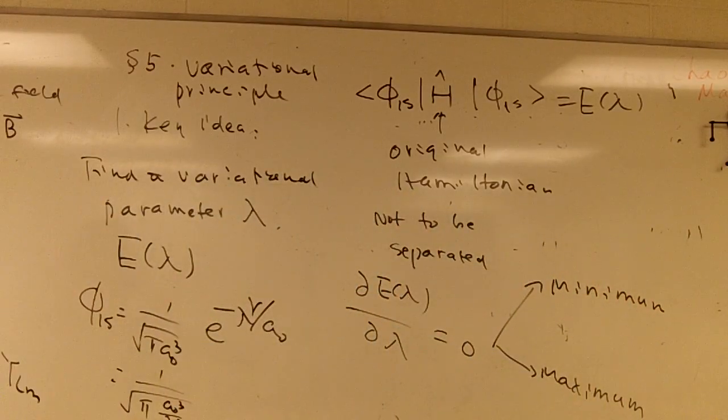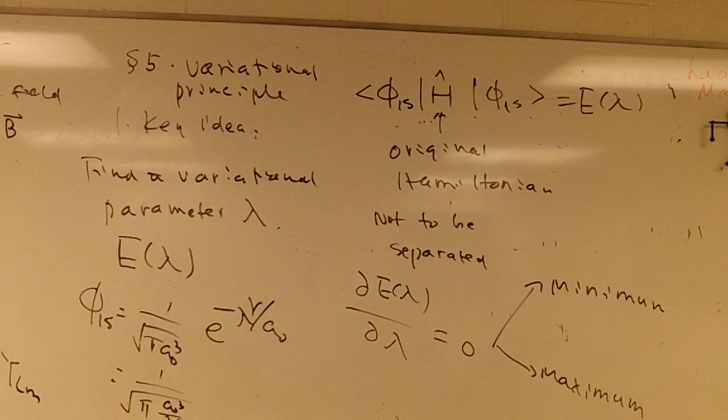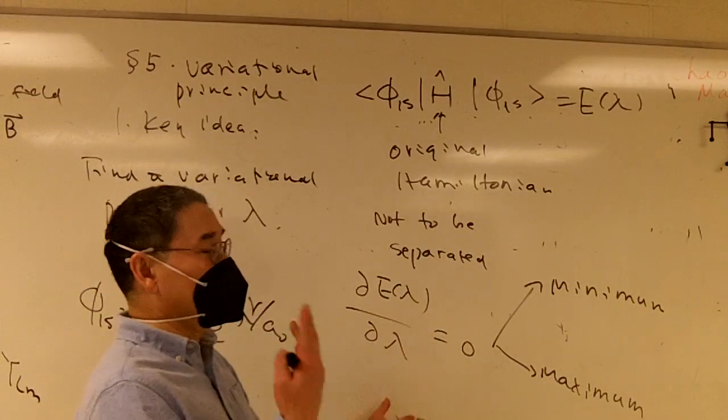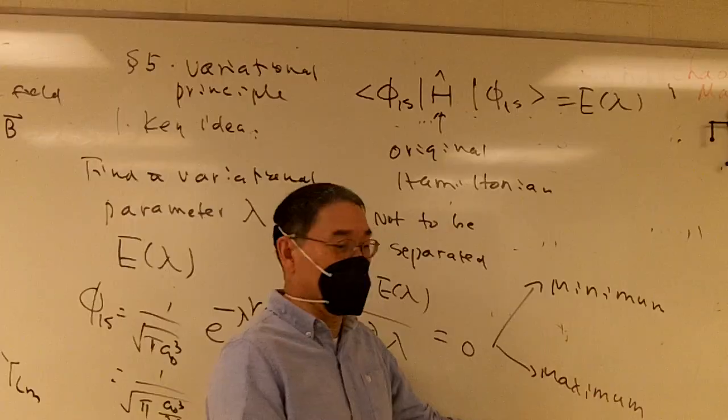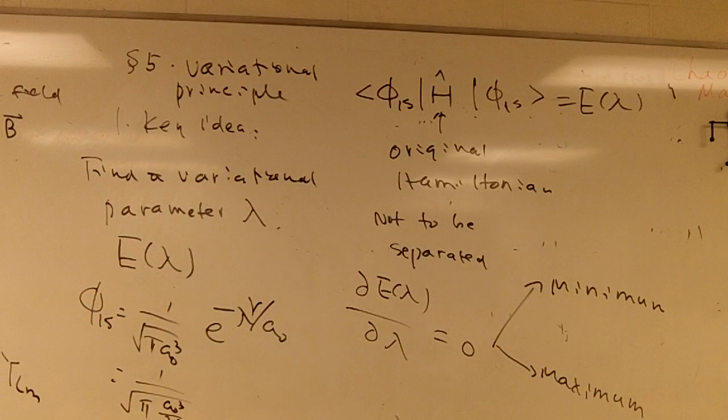Let me ask Cody, when will that be the maximum? When will we get a maximum? In other words, I said when the derivative equals 0, you get a solution, either a minimum or a maximum. Under what condition will we get a maximum?